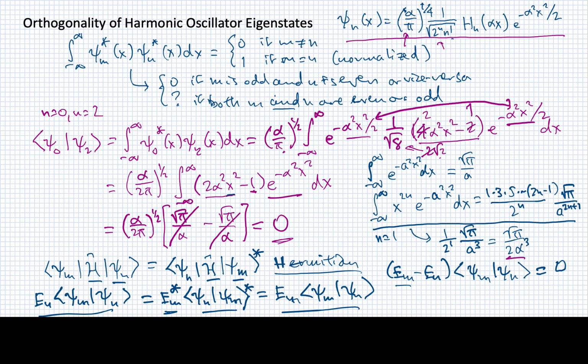As long as E sub m and E sub n are not the same, so E sub m not equal to E sub n, and for the harmonic oscillator there are no degeneracies, so this is always true. If m does not equal n, then that means that this part must be equal to 0. So indeed, I should see that all of the eigenfunctions of the harmonic oscillator are mutually orthogonal.